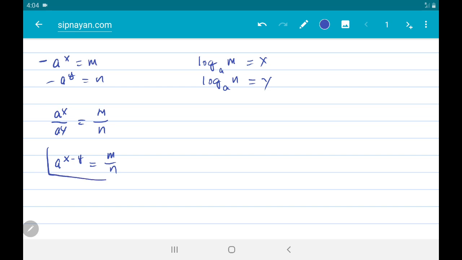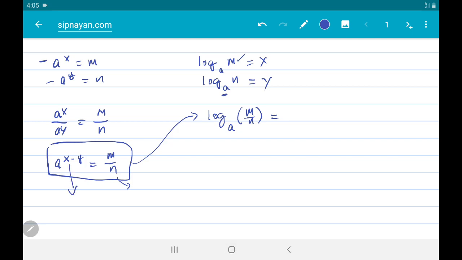Pero paano natin ito gagawin in exponential notation? Logarithm, dito m over n ang ating argument. Ano ang base natin? Base natin is a. Ano exponent natin dito?